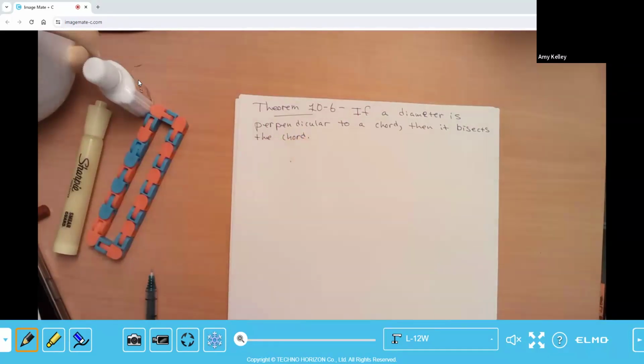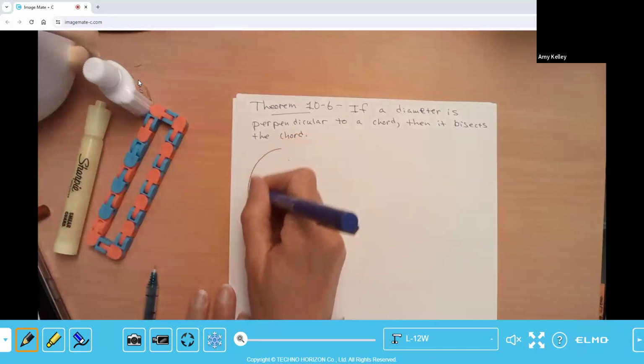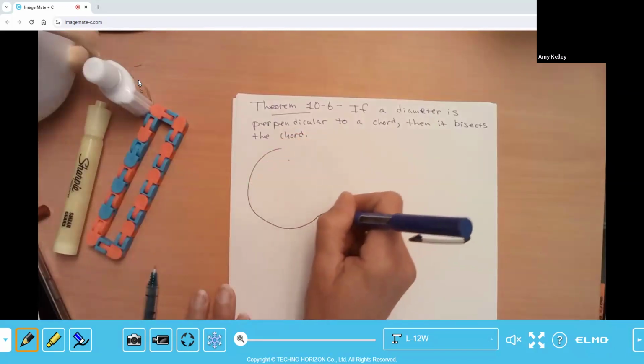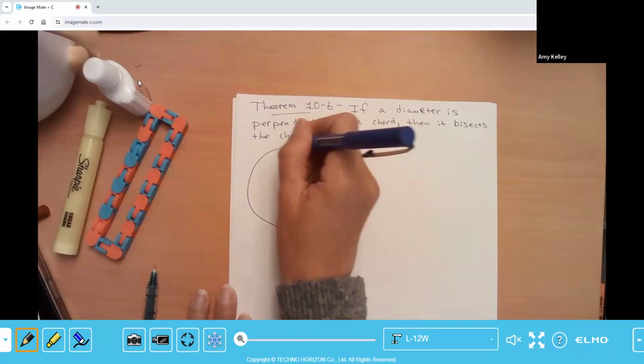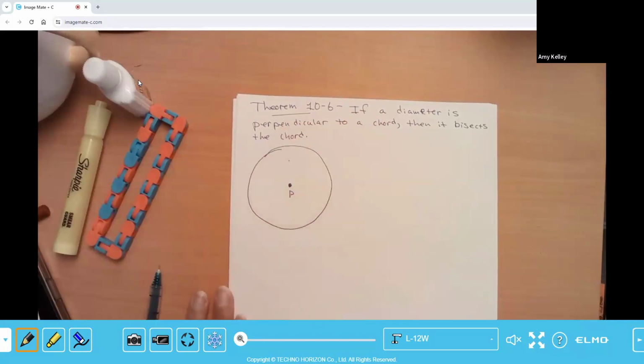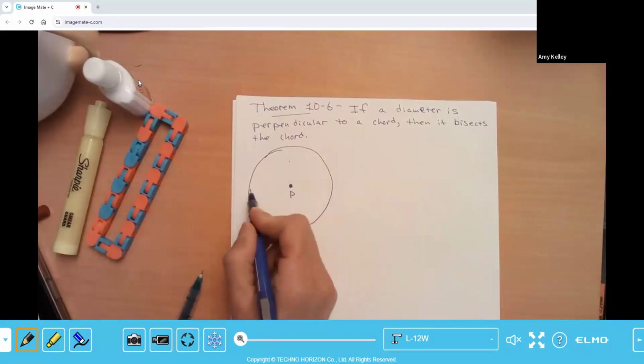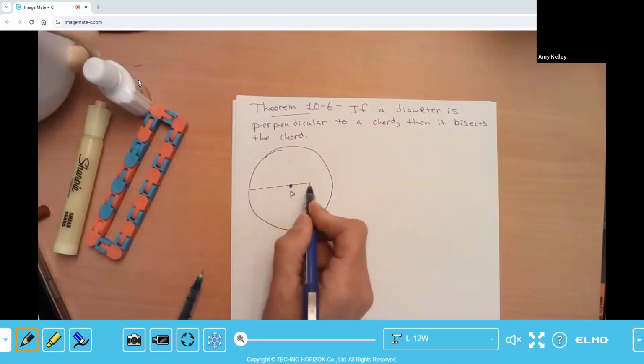All right, so if a diameter is perpendicular to a chord, then it bisects the chord. Of course, a diameter itself is also a chord. So here's point P. Let this be the diameter.